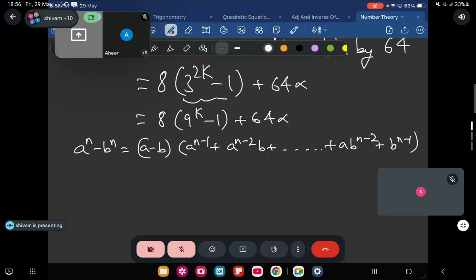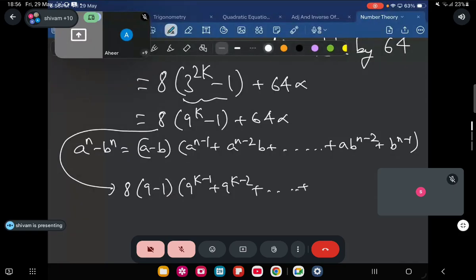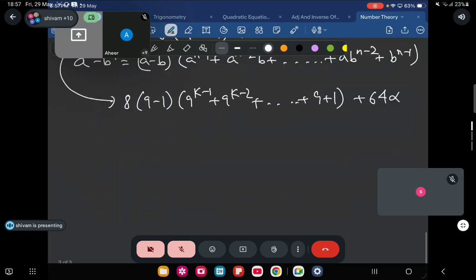I've done it in my regular classes. So this further can be simplified to 8 into 9 to the power k minus 1 plus 9 to the power k minus 2 plus dot dot dot plus 9 plus 1, plus 64 alpha. Are you able to see the proof?